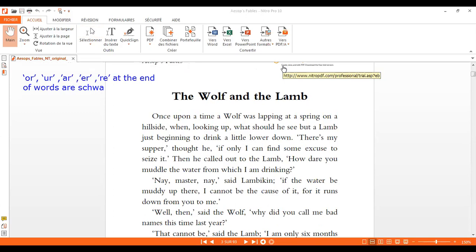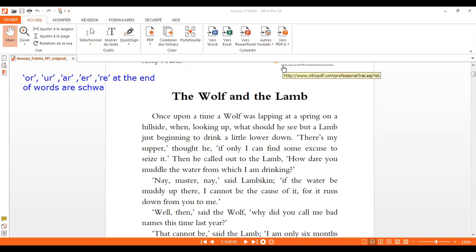Then he called out to the lamb, how dare you muddle the water from which I am drinking? Nay, master, nay, said Lambkin. If the water be muddy up there, I cannot be the cause of it, for it runs down from you to me.